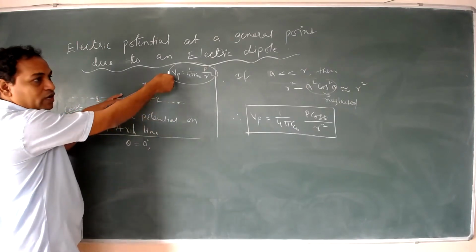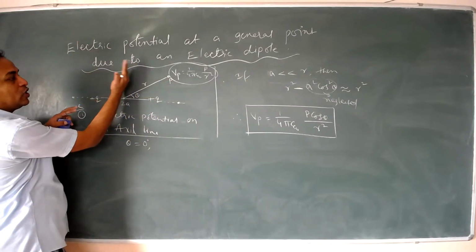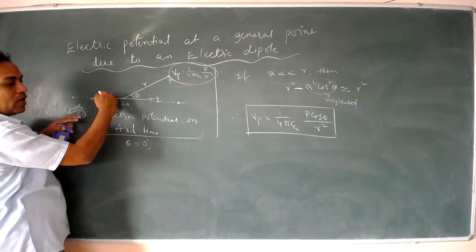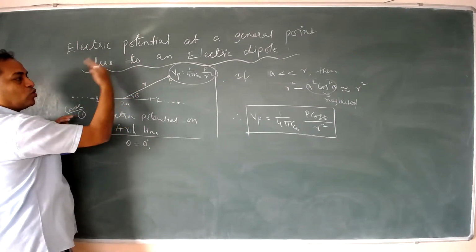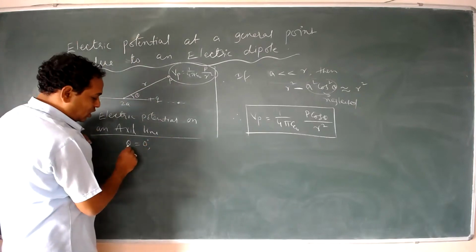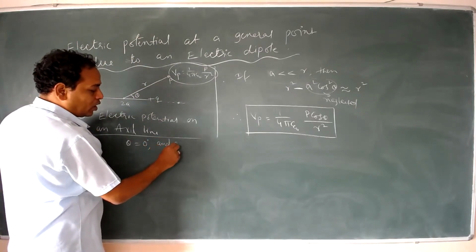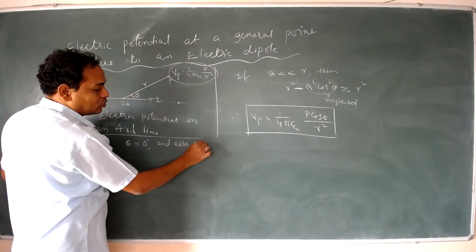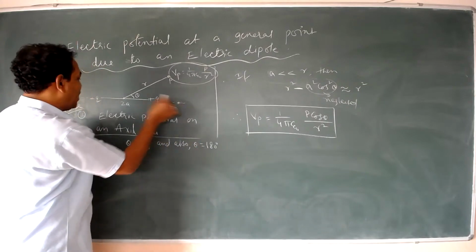And also, if I bring this point toward this side, what will be this angle? 180 degree. So theta is equal to 0 degree, and also theta is equal to 180 degree. Two cases are possible, at this point and at this point.